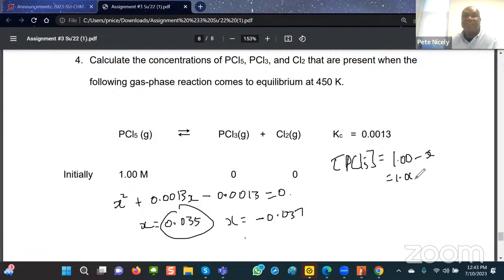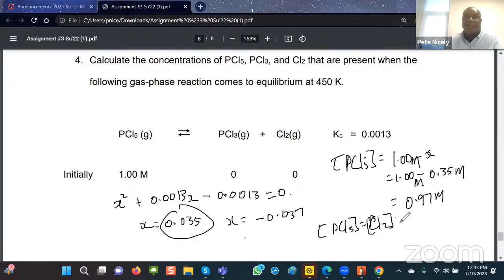So that would be 1.00 minus 0.035, and this would be in M. So when you work that out, you're going to get 0.97 M. And the concentration of PCl3 is going to be equal to the concentration of Cl2, and that would be equal to X, which is equal to 0.035.